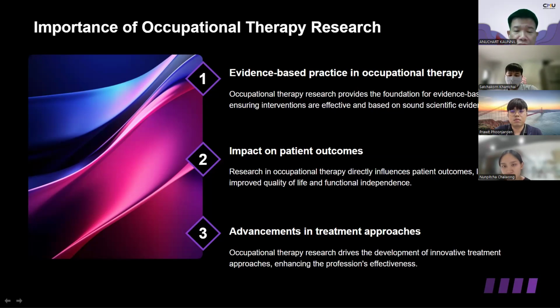And the second is the impact on the client outcome or patient outcome. Research in occupational therapy needs to influence the client outcome, leading to improved quality of life and functional independence. We need not only the components, but also to improve occupational performance.